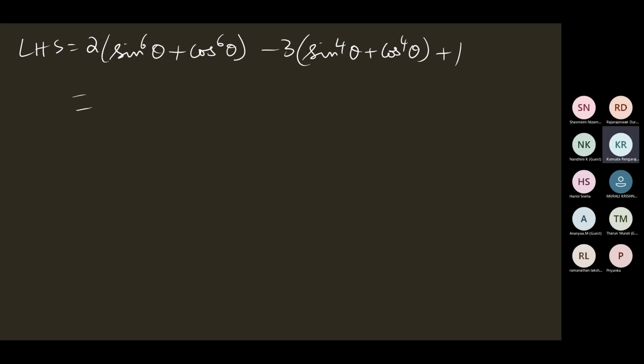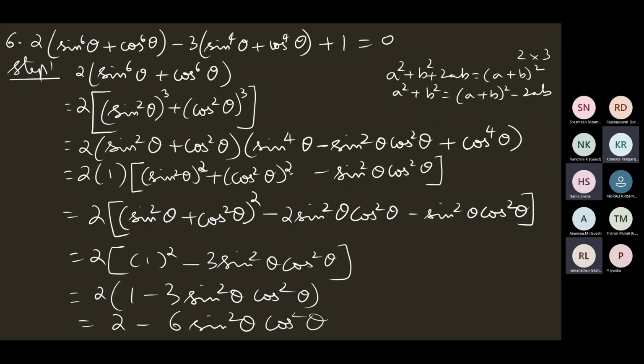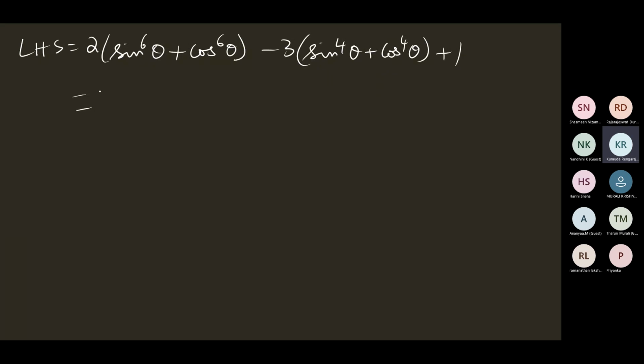What is the answer we got in step 1 for the first part? 2 minus 6 sine square theta cos square theta. Yes, ma'am. This is the answer for the first part.